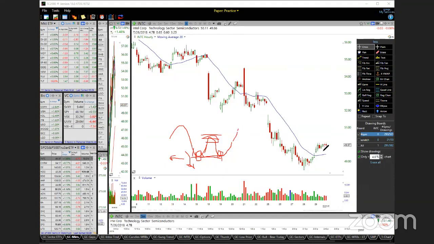So what Intel would have to do to form a W bottom is come back down here, just like the S&Ps did. I'd much rather, since I'm long, it goes sideways here and create an area of support, and it won't become support unless it can trade above it. It will be resistance if it trades below.